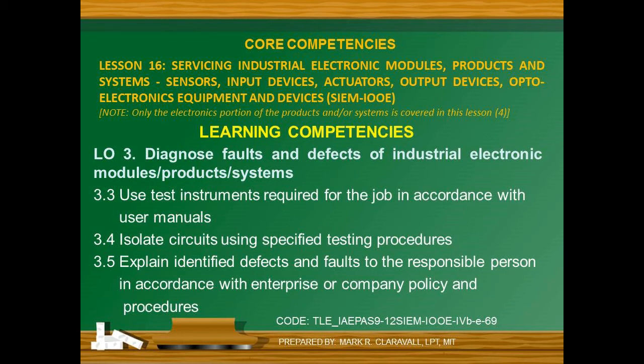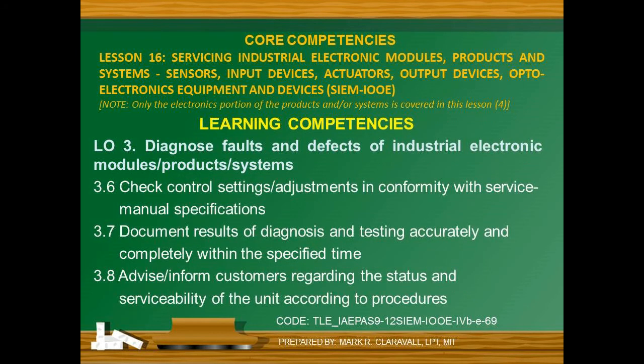Learning outcome number 3.4, isolate circuits using specified testing procedures. Learning outcome number 3.5, explain identified defects and faults to the responsible person in accordance with enterprise or company policy and procedures. Learning outcome number 3.6, check control settings, adjustments and conformity with service manual specifications.